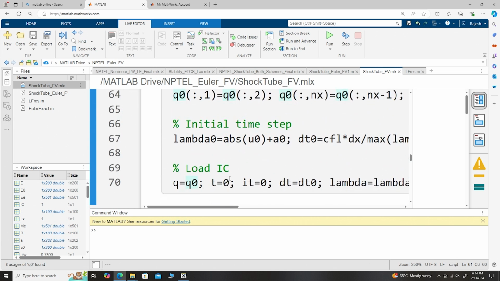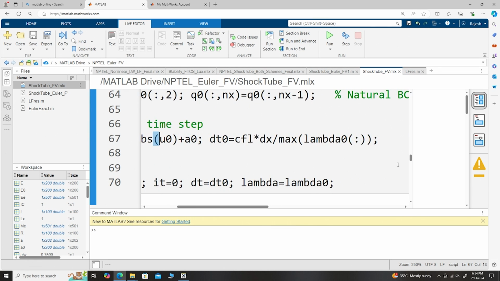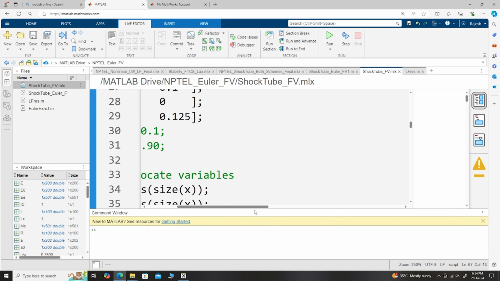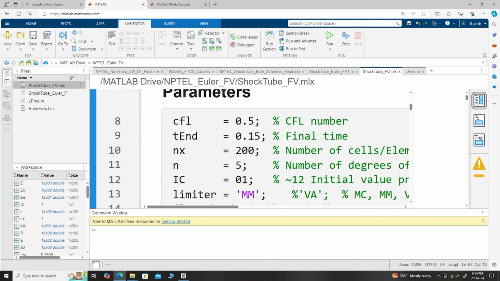Okay. These are conditions. Now, we can basically use the variable time stepping. So, calculate the lambda, which is the total velocity, which is u plus a. So, here absolute u 0 plus a 0. Okay, based on that, you can choose a CFL number. I think I have chosen around 0.45 or so. Let me just see. Yeah, I have taken 0.5.